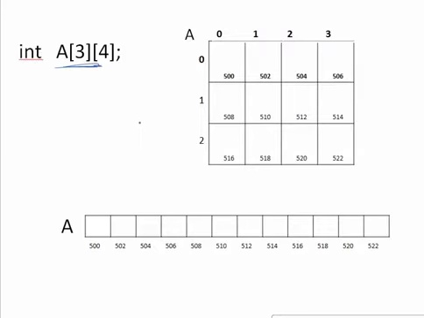But in reality, the array will be created as a single dimension, because memory is linear and the memory has a single value address, that is an integer address. So the actual array will be created like this, but the compiler will allow us to access the array in two-dimensional form. I have taken the addresses 500, 502, 504, 506, and the next is 508. This is how the addresses are taken.